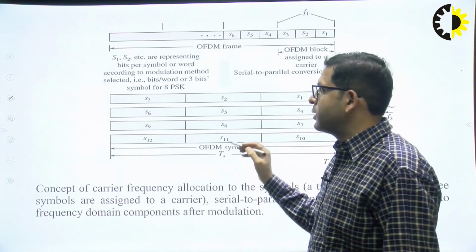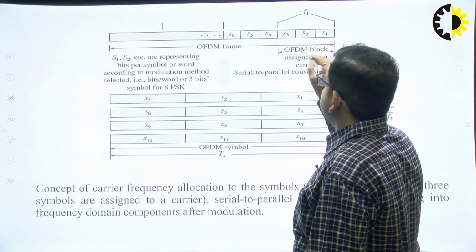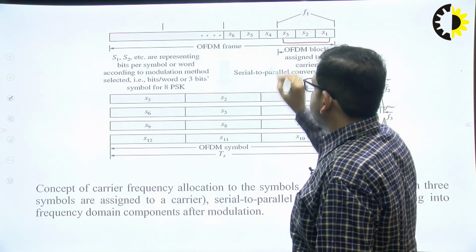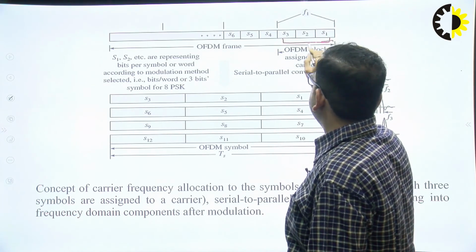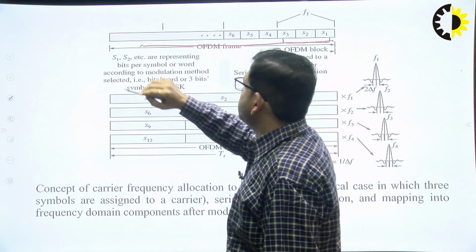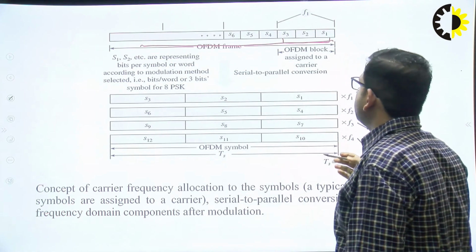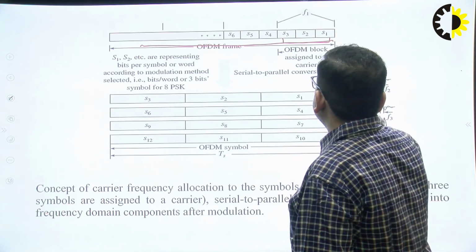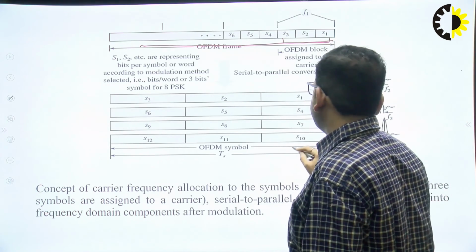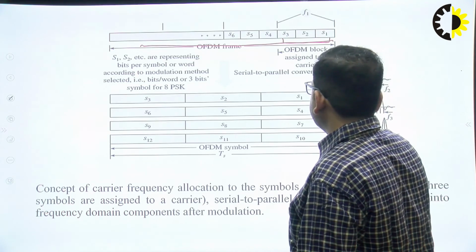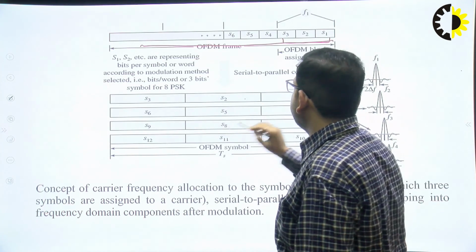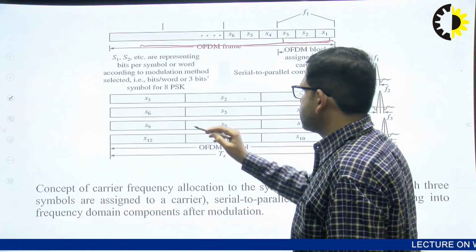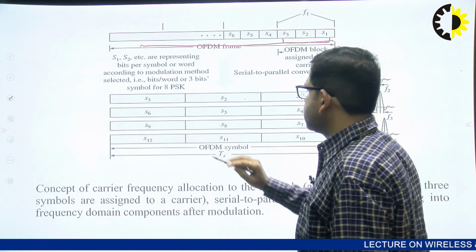Here the same thing is demonstrated for S1 to S3. This is the serial data stream which we want to send using orthogonal frequency division multiplexing. First this serial data is converted into parallel data like this: S1, S2 and S3, S4, S5 and S6, S7, S8, S9, S10, S11, S12.